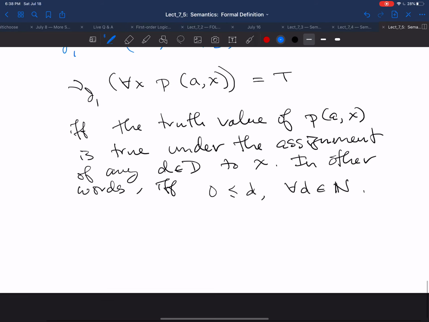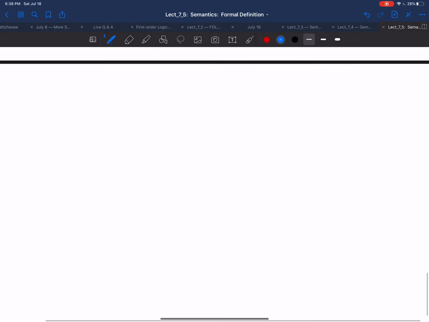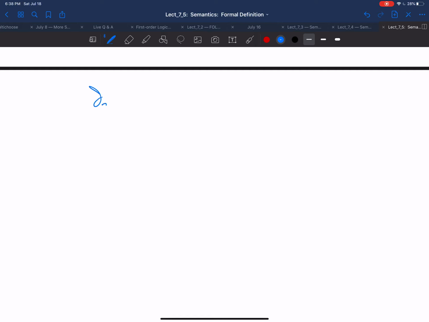That was one interpretation that we considered. Another was I2, where, let's see, again the domain was the natural numbers, and again the binary relation to which our binary predicate symbol was assigned was the ordinary less than or equal to relation. But in this case, the constant was assigned to 1.